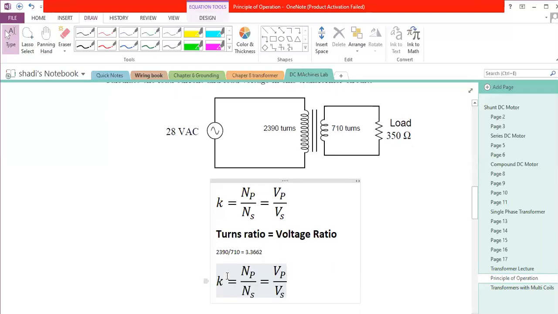So I'm going to put it here. The turns ratio equals the voltage ratio, equal to V primary over V secondary, right?